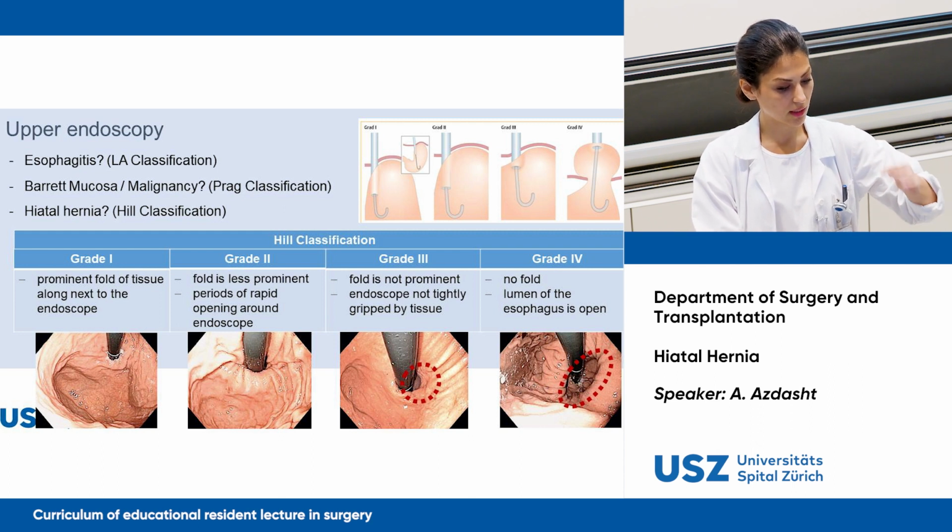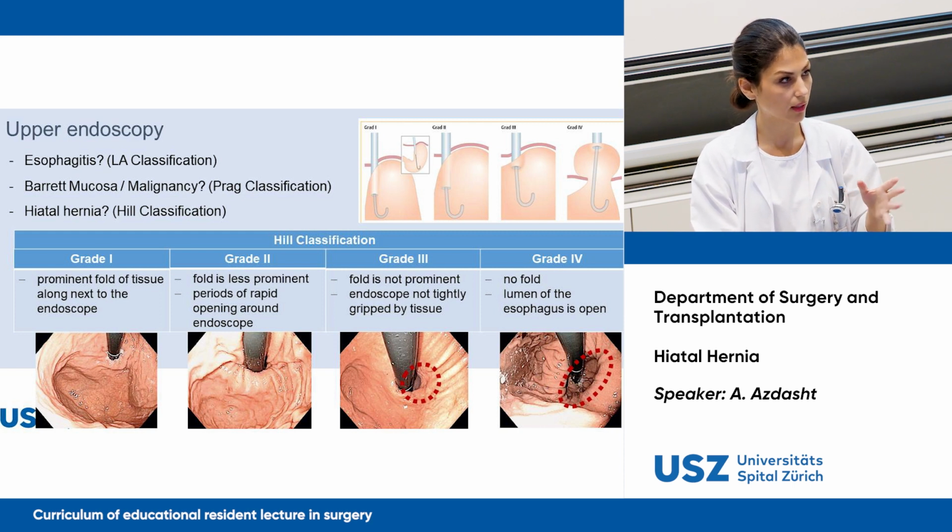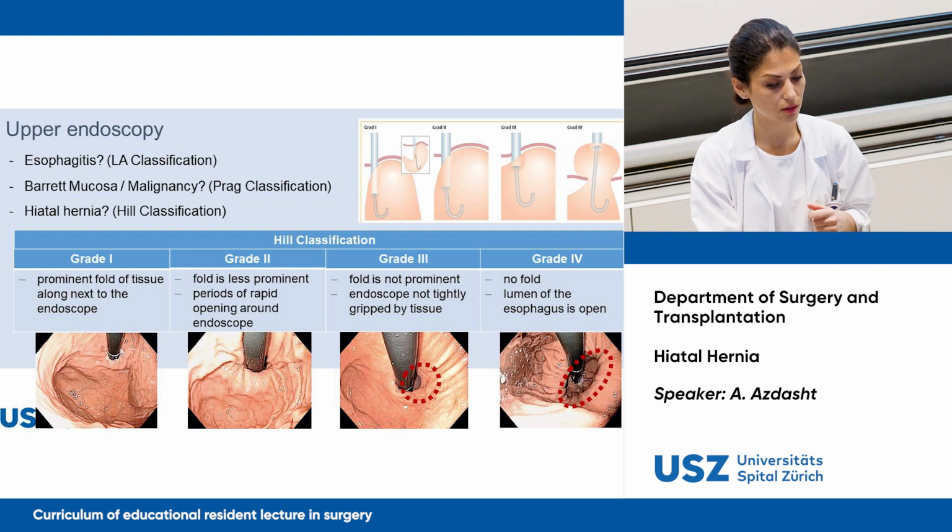And in grade 1, it is actually sitting tight around the endoscope, whereas in grade 2, we can find periods of rapid opening and closing around the endoscope. Whereas higher Hill grades are associated with hiatal hernias. So this is actually an indirect sign of a hiatal hernia.